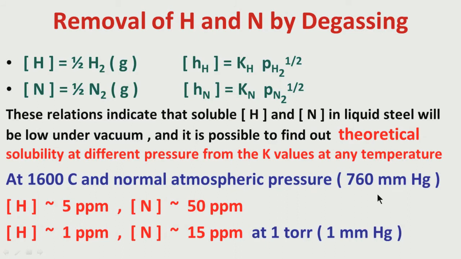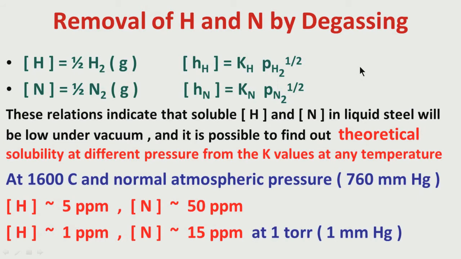Now, the reaction, as I have told you, is basically transfer of hydrogen in liquid steel to the surface, and the reaction takes place at the surface, and whatever gas is forming also has to be removed from the liquid steel gas surface to the gas phase. So, that means there are 3 stages.